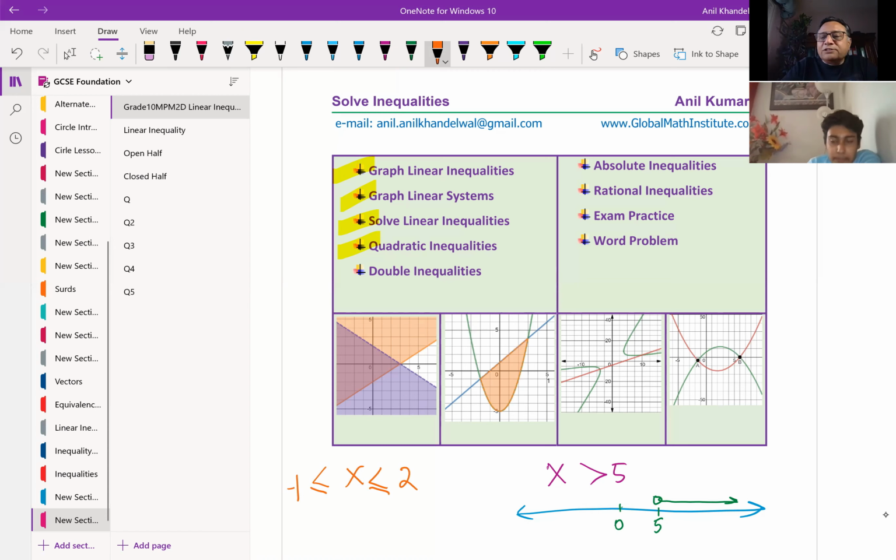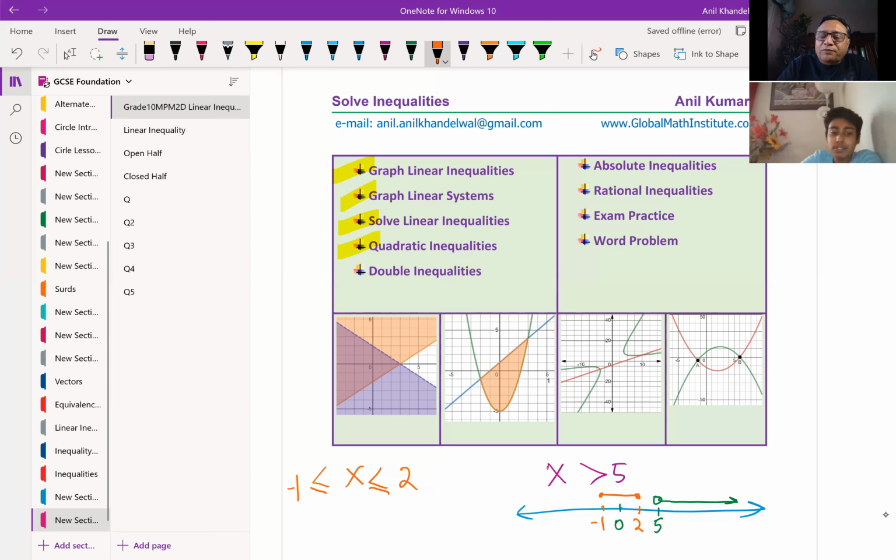So if I have to plot this on a number line, this is, let us say, -1 for me, and that is, let us say, 2. In that case, if we include them, we'll put in the filled in circle from -1 and 2 and join the line. So this is the interval which shows the solution of the double inequality x greater than -1 and less than or equal to 2. Is that clear to you?